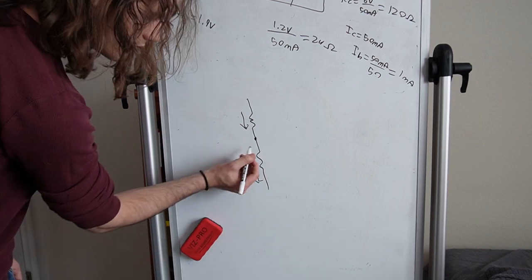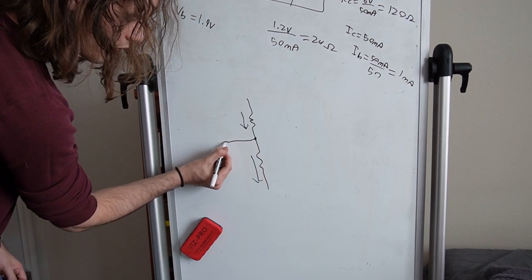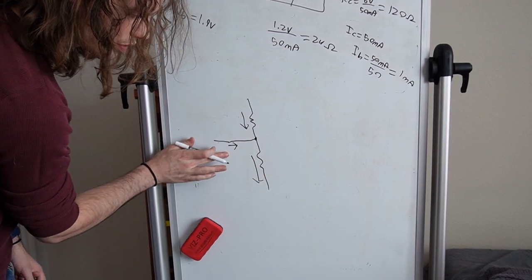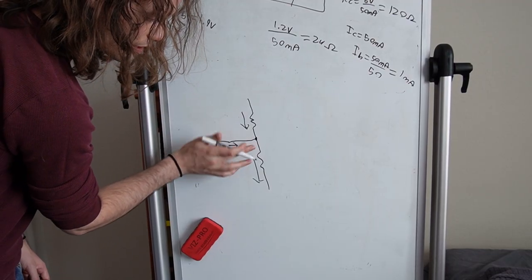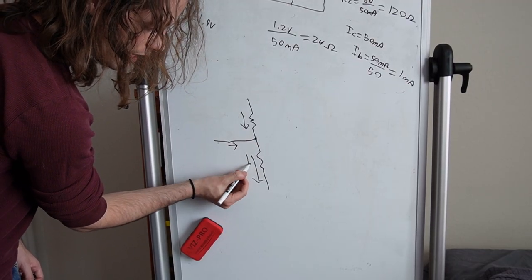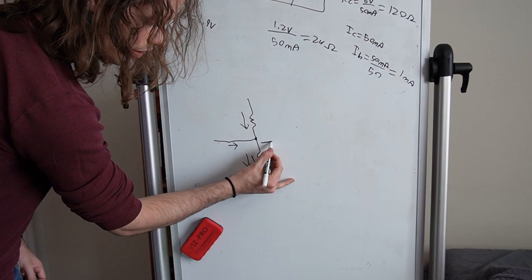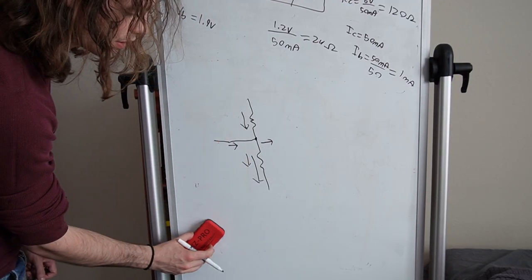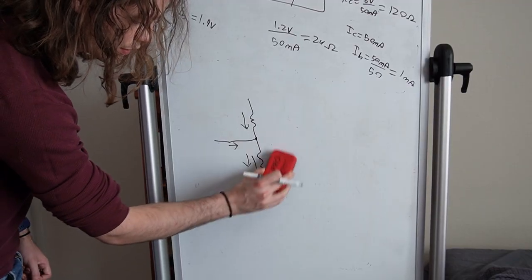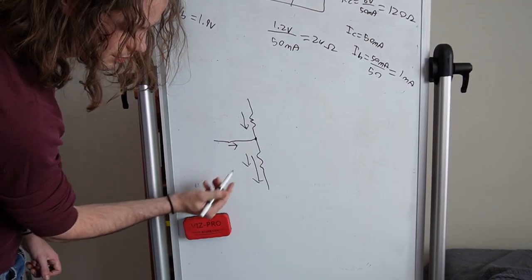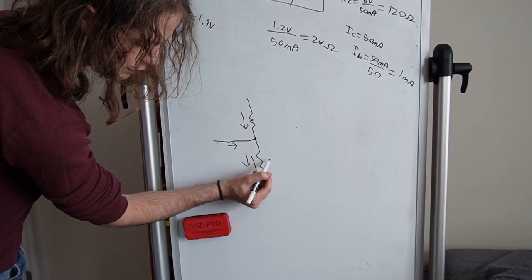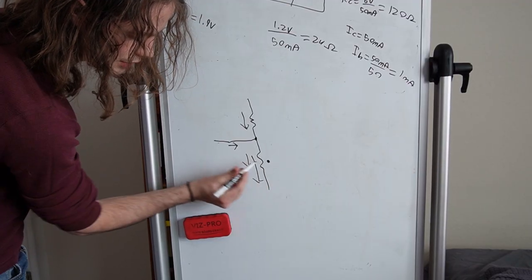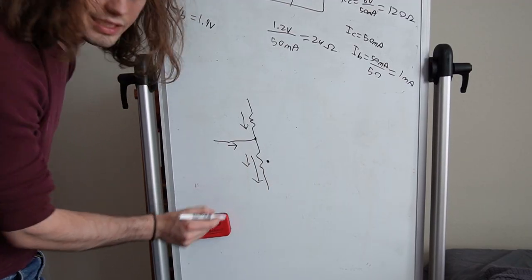If I now add in the audio input and start inputting current through here, it's going to take the path either down or this way, because we know that there is current already flowing through this top point. So the current flowing through here, and we'll ignore the BJT for now, will cause a voltage increase at this point, because the current will flow through here and then down.